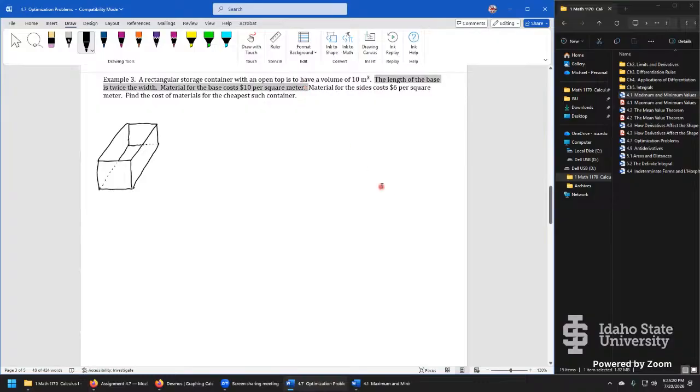Here's the next piece of information. The length of the base is twice the width. So I'll call this the width, this the length, because it looks longer, and that's the height. Now we have material costs for everything, but let's focus on the volume for the moment, which is supposed to be 10 cubic meters. And maybe before even that, let's look at this sentence again.